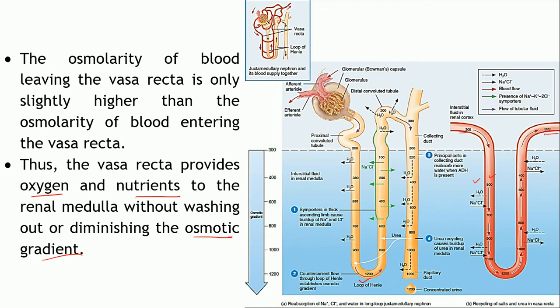The water which moved out, almost the same amount of water has entered the blood back again. So has it disrupted the osmotic gradient? Ionic concentration did not change. Water concentration did not change in the interstitial fluid. So this osmotic gradient is not disrupted by this countercurrent exchange. So it will help in providing the oxygen and nutrients without disrupting this osmotic gradient.